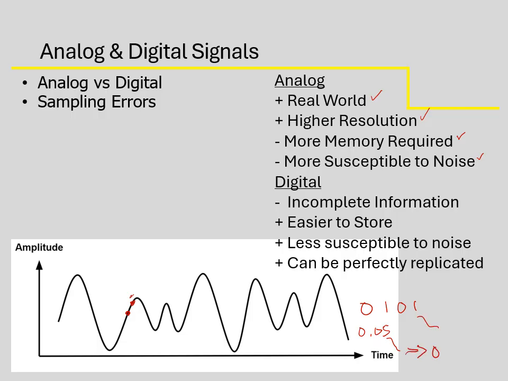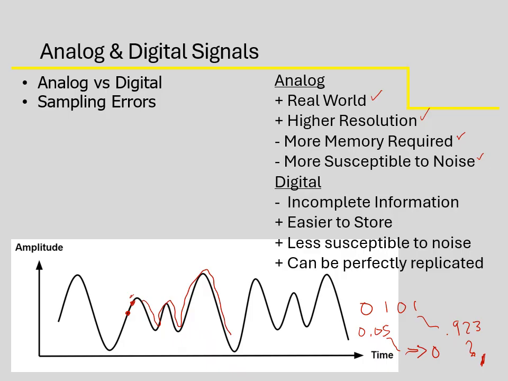And when you're sending a one, maybe it's 0.923 or something. Well, your system's going to know that is a one, and it's going to change it back to a one. So it's much harder to make a mistake sending only zeros and ones. But when you're sending all this continuously changing data like this, it's very easy to make a mistake.